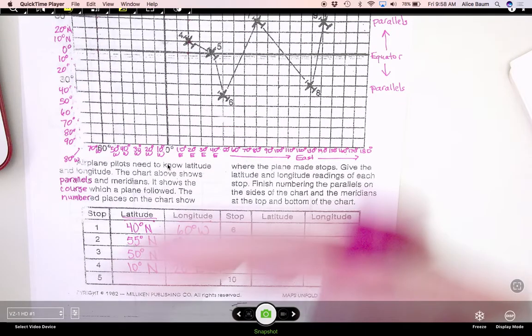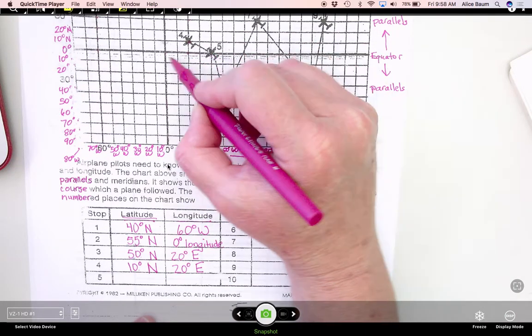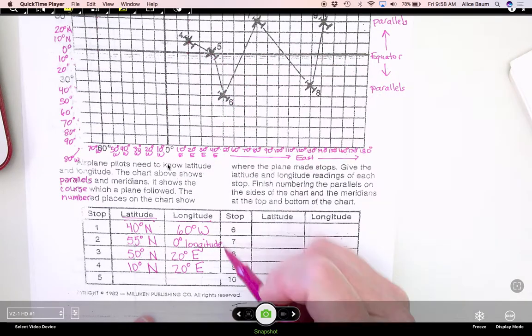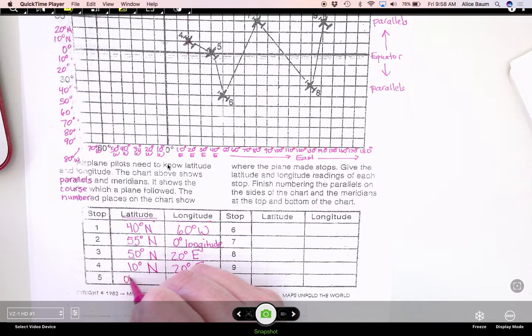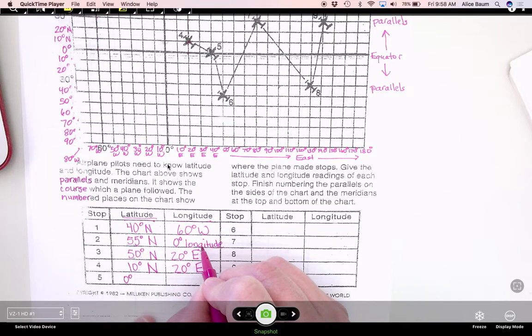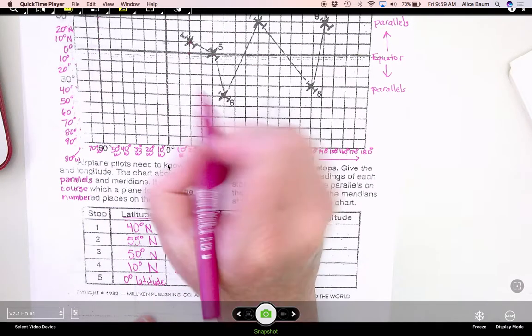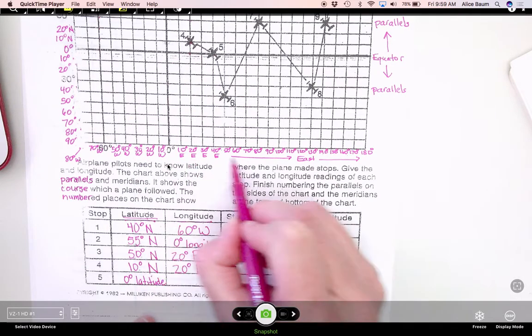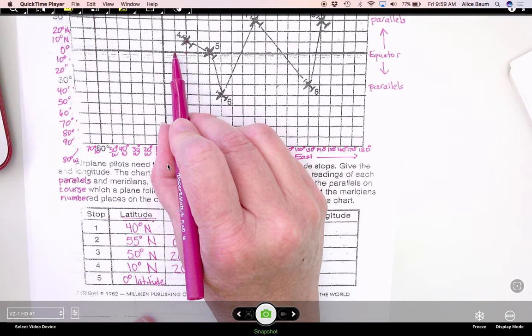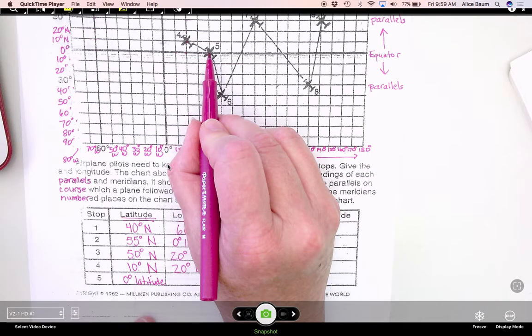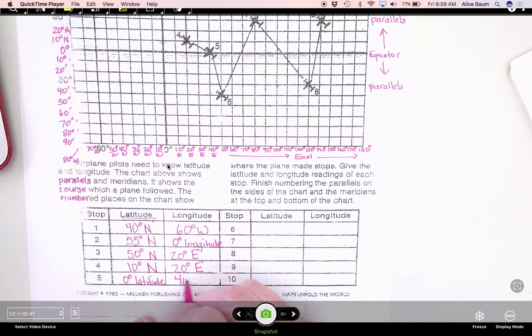Here, I didn't move off the equator. So similar to the one I did on number 2, it's 0 degrees, but it's not 0 degrees longitude, it is 0 degrees latitude. I did not go north or south. But I did go, what direction? I went east. How many degrees? 10, 20, 30, 40 degrees east.